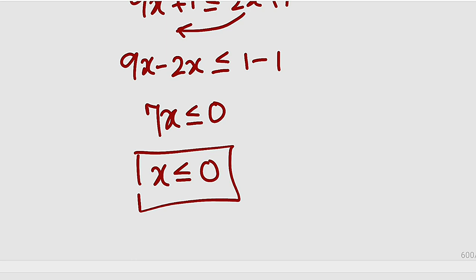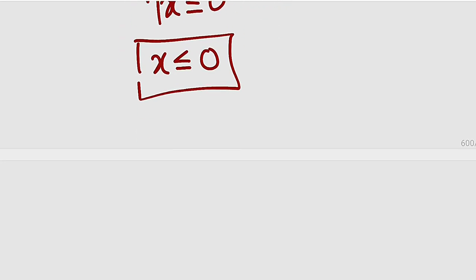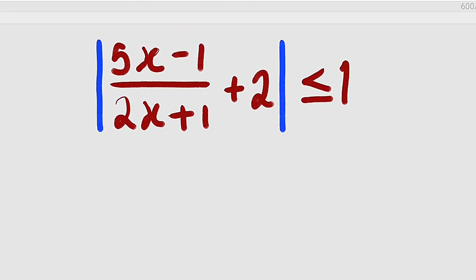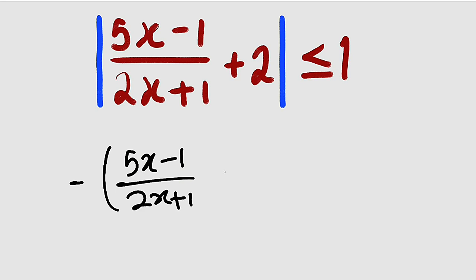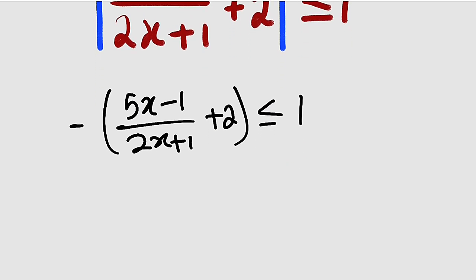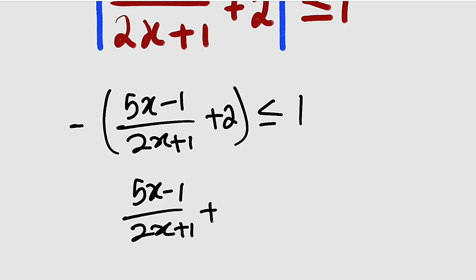So what about the other condition where we're going to consider it as negative? We are going to consider this as negative of (5x minus 1) divided by (2x plus 1), plus 2, right? Less than or equal to 1. If you multiply both sides by negative, you have (5x minus 1) divided by (2x plus 1), plus 2.